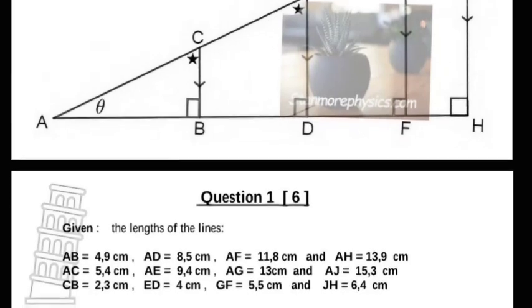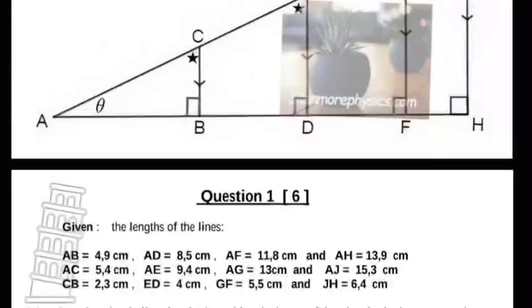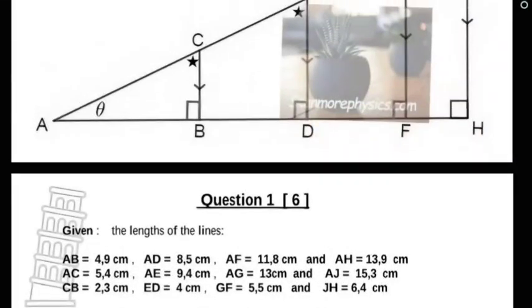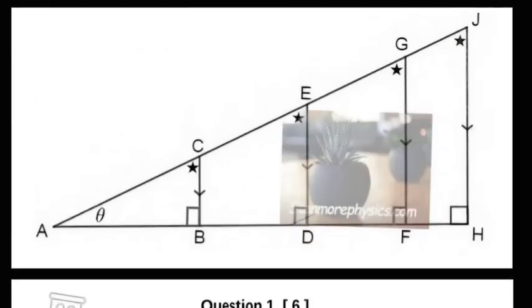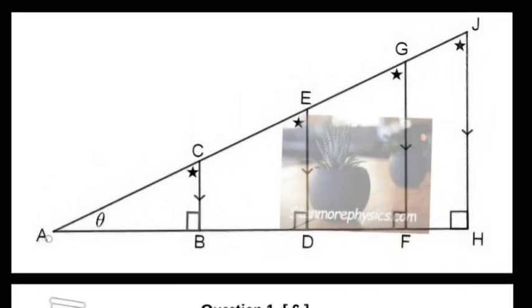1.1 says, complete the similar triangles by writing the letters of the triangles in the correct order. So here we have triangle ABC is similar to, and you guys remember from last year that the similar sign is these three vertical lines. So if we go back up to our diagram, this is triangle ABC. And we want to know what it is similar to.